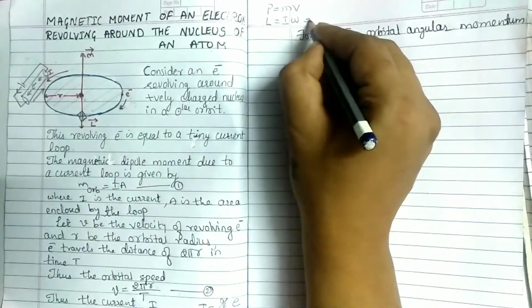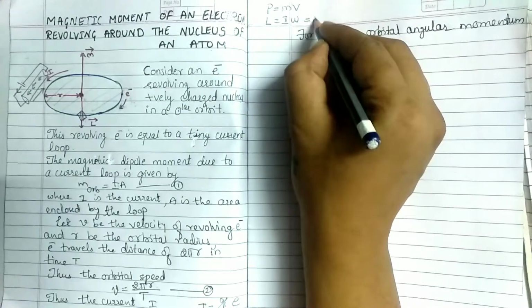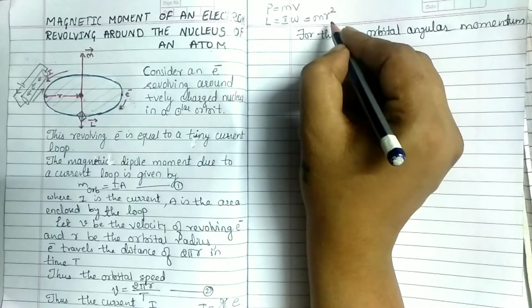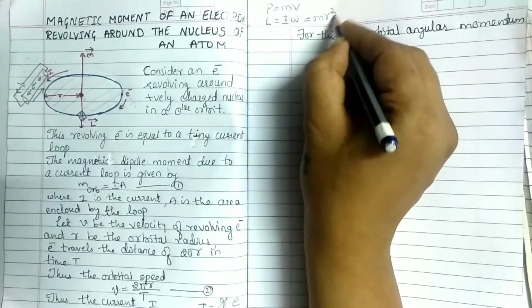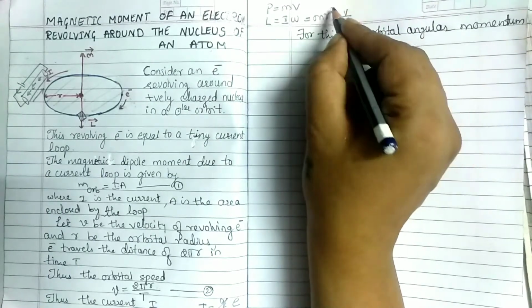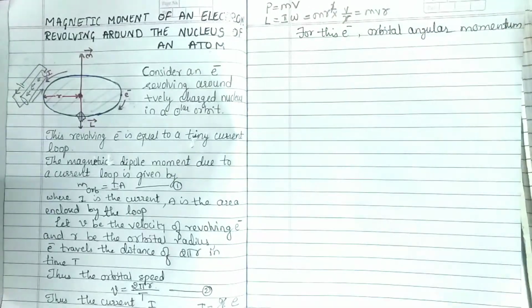So if you substitute I value as a moment of inertia, which is defined as mass into the square of the distance between the electron and the center, and the linear velocity is nothing but, as we already studied, v by r. R cancels, so you are left with mvr.